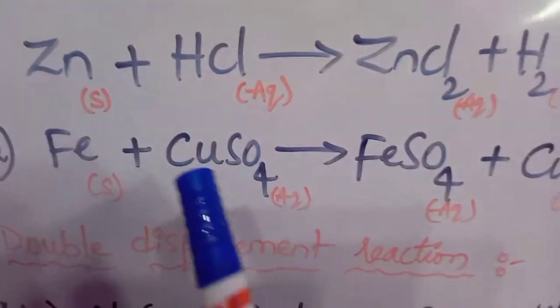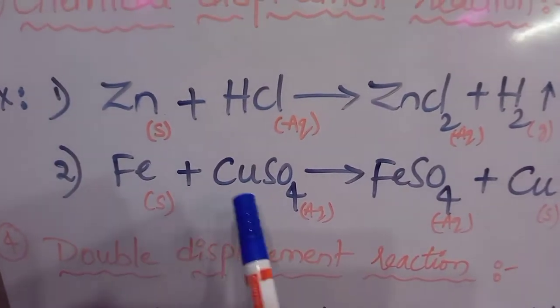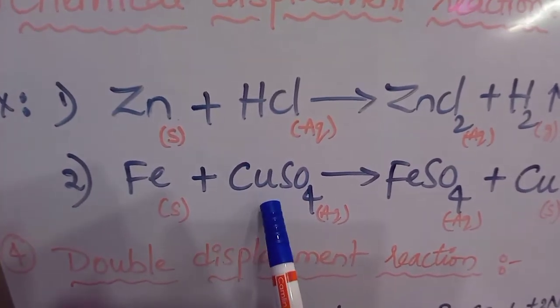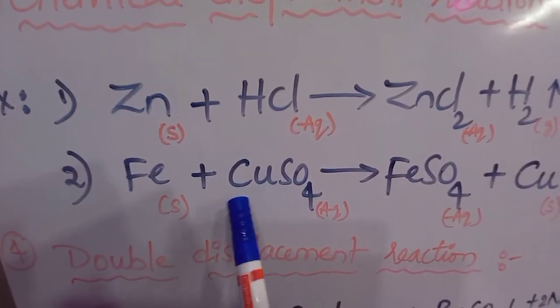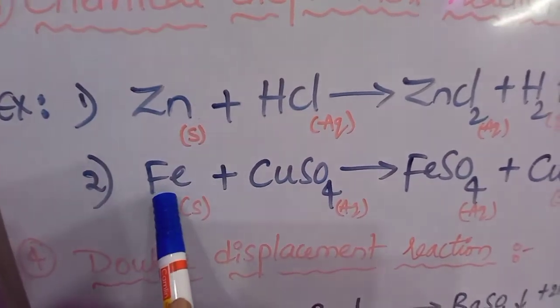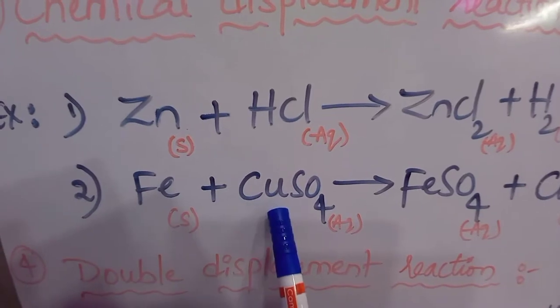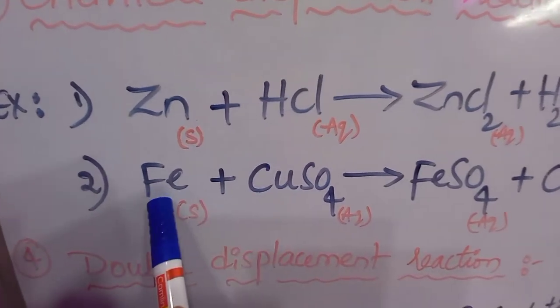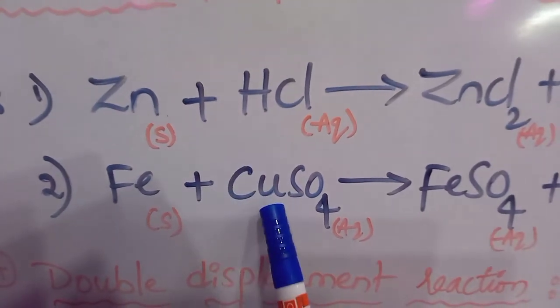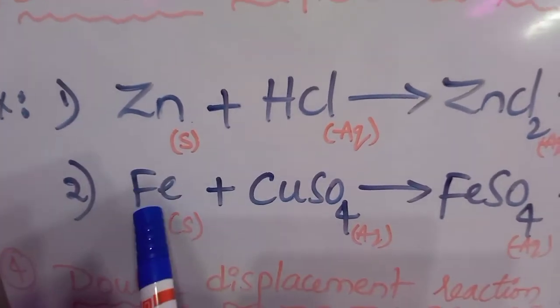Similarly, another example: the reaction of iron and copper sulfate. In this reaction, these two reactants are there. This is the compound. In this compound, the metallic element is copper and here the metallic element is iron. So between these two metals, iron and copper, if we compare the reactivity, iron is a more reactive element than copper, so copper is displaced from its compound copper sulfate by iron.